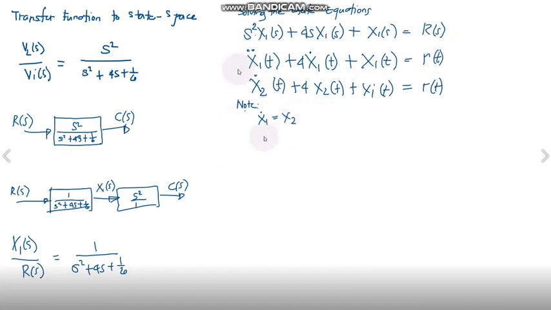And note also, as we have written in the previous discussion, that the second derivative of x sub 1 is equivalent to x sub 2 dot. Okay? And then the x sub 1 dot is equivalent to x sub 2 in our notation. I hope you have seen this pattern in our PowerPoint presentation.